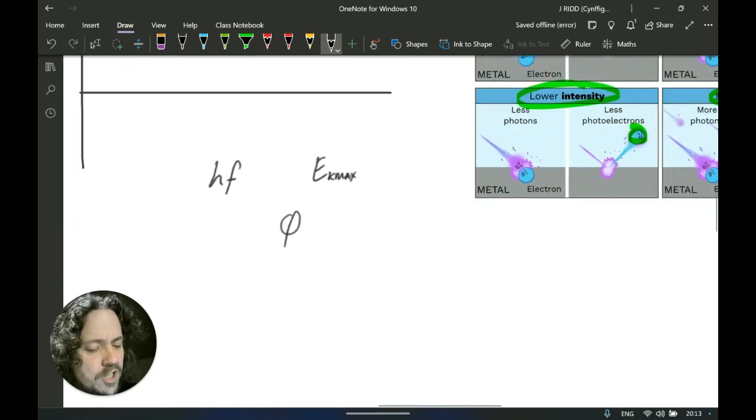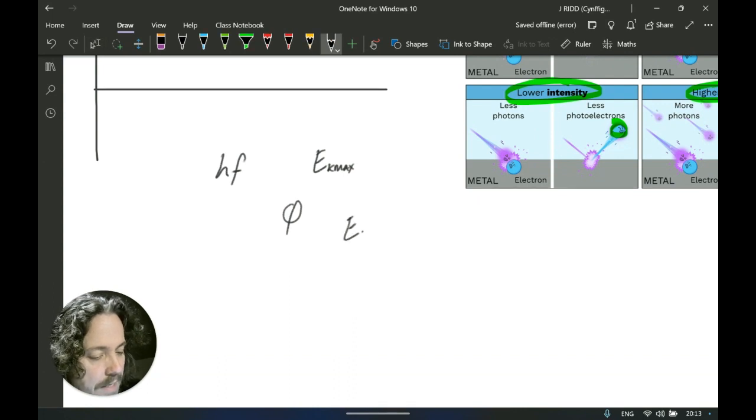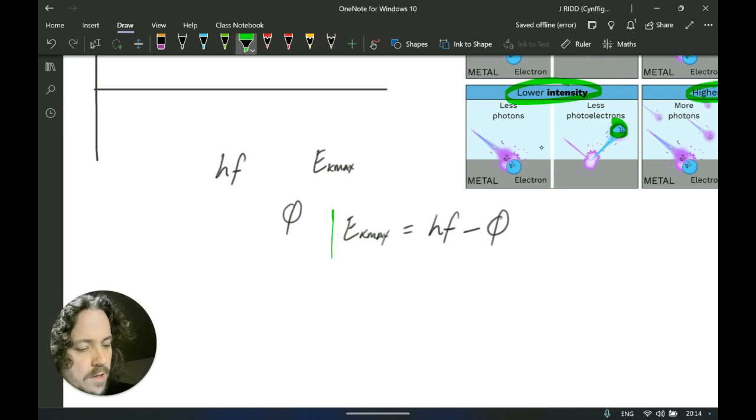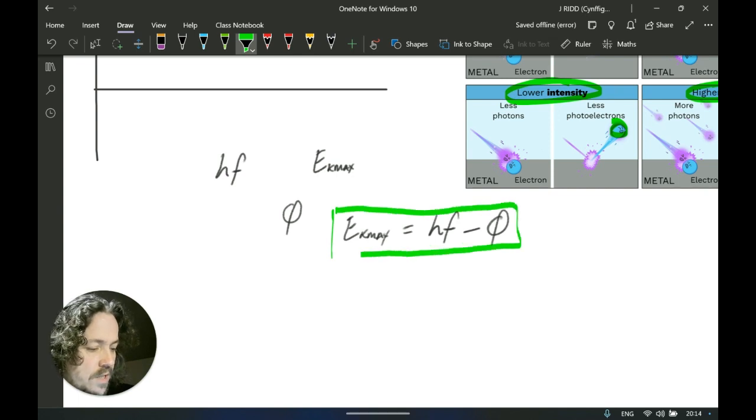So essentially, Ek max, the amount of energy that the electrons have at the end, is equal to the amount of energy given to begin with, hf, minus what it had to overcome to escape, which is psi. This equation, you'll see in your textbooks, is a complicated one. It's got a lot of meaning in it. I just hope you understand it a little bit better now.